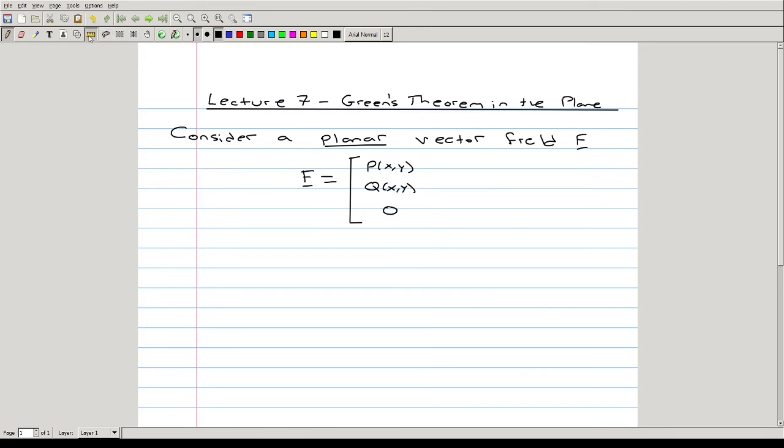And we tack on a 0 for the third coordinate as well.